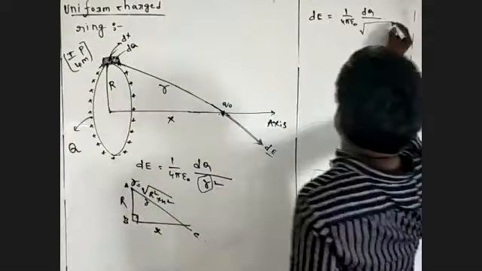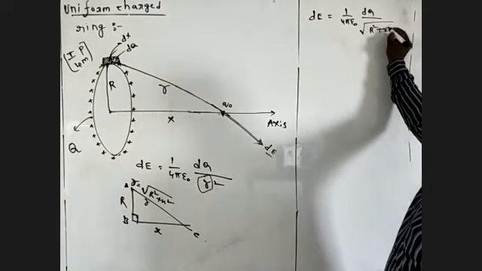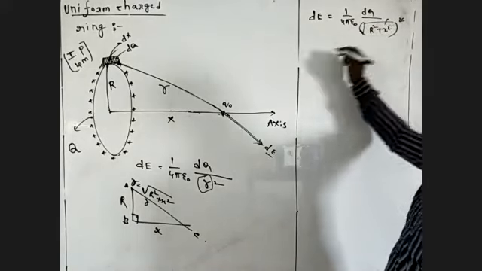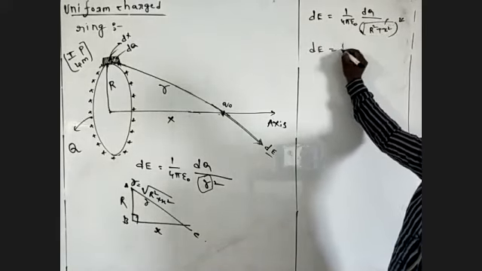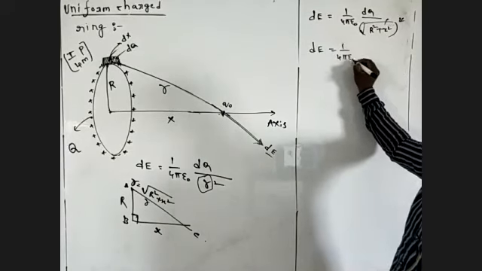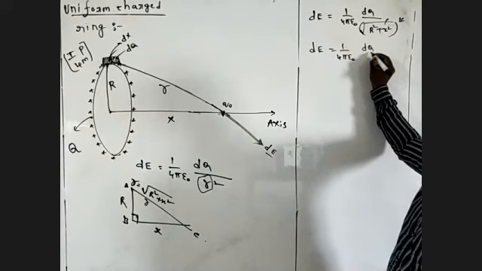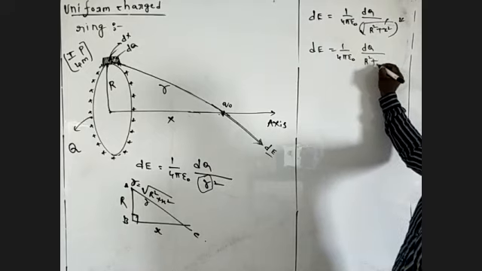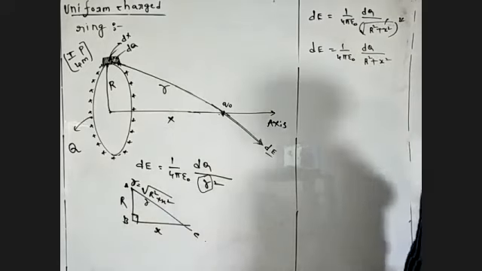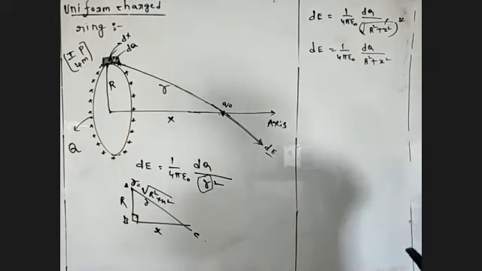The square and root cancel. dE is equal to 1 by 4 pi epsilon naught times dq by R square plus x square. This is the small electric field between the two charges.